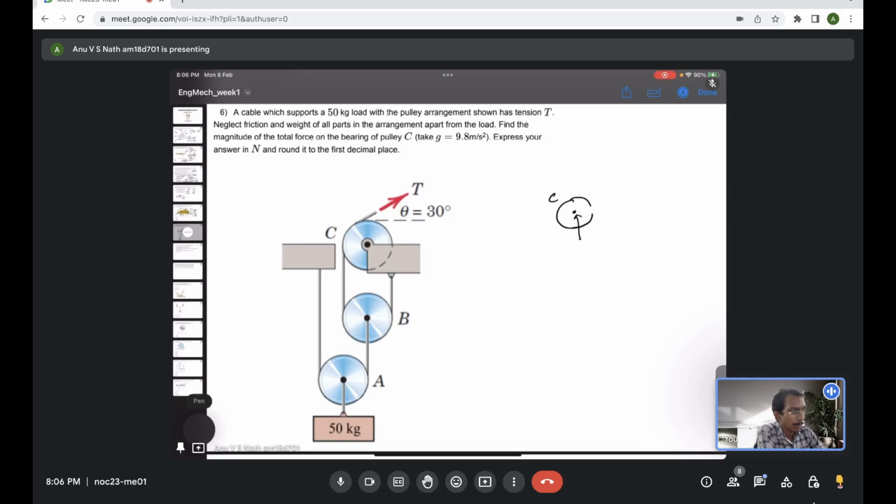So you will have support reactions here, a vertical and a horizontal reaction. It's asking to evaluate the net reaction force acting on this pulley. I hope it is clear.